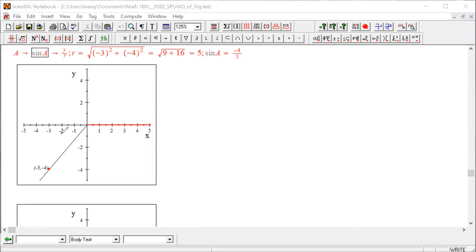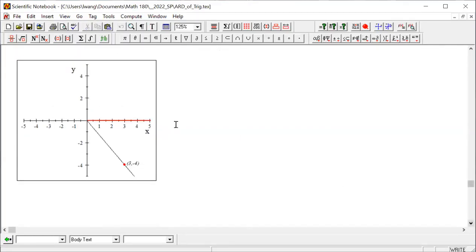Okay, now continue. How about what happened in the fourth quadrant? So we continue the journey. If I have another angle here, how do I measure this angle? Well, I measure this angle still from the standard position.